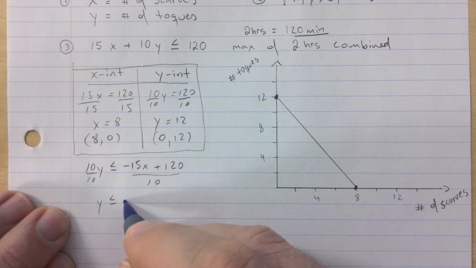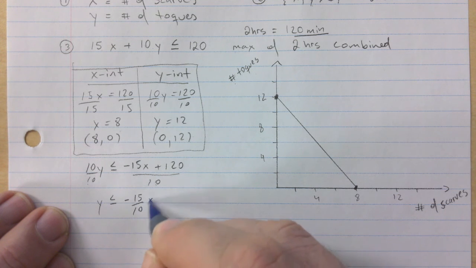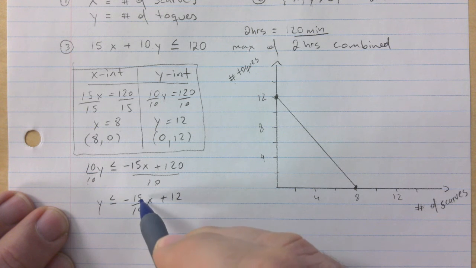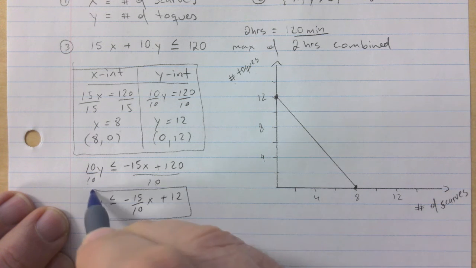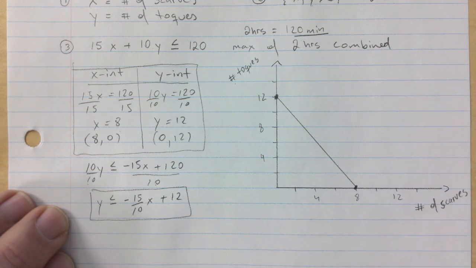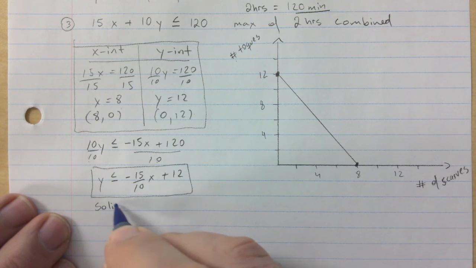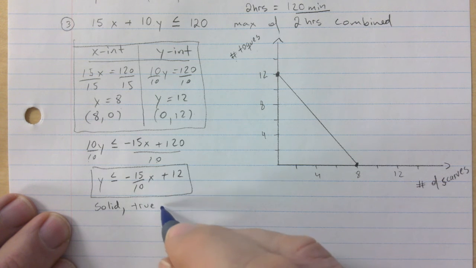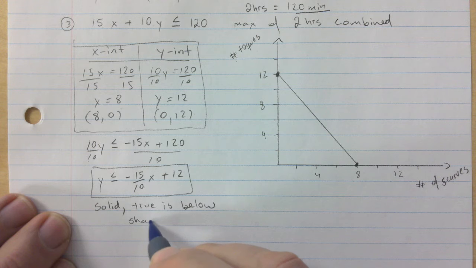So that's negative 15 over 10 x plus 12. This is 3 over 2 if you want to reduce that. Be my guest. Nothing wrong with that. So this is solid. True is below. We're going to shade below.